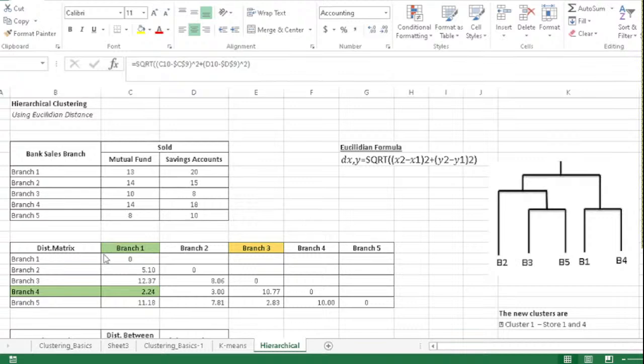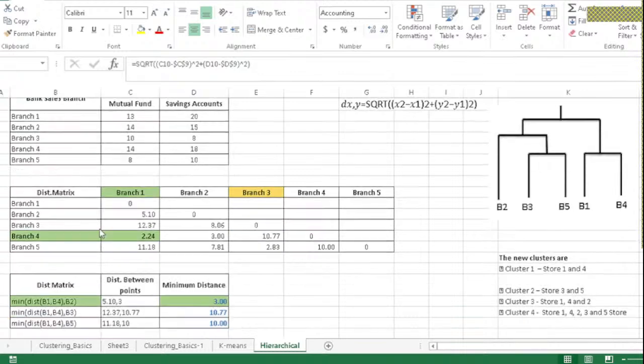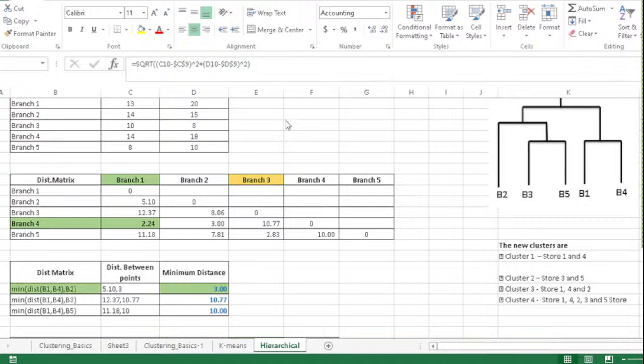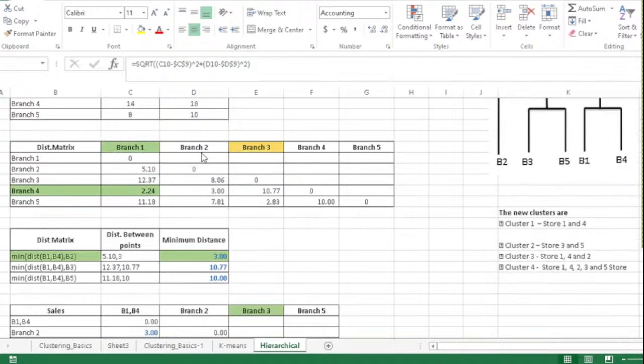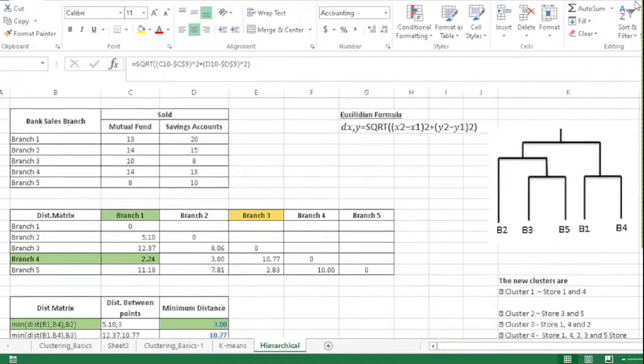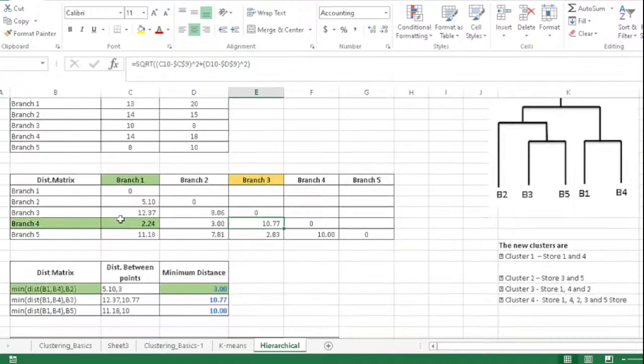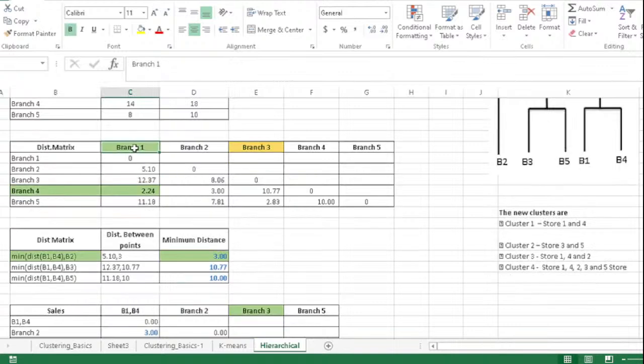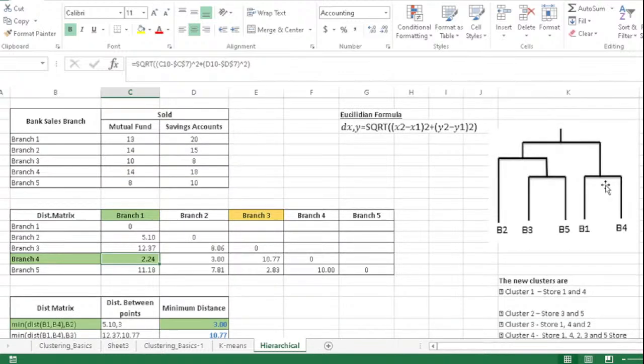So I calculate the distance matrix. Then I start my agglomerative clustering. First, I find which of these branches have the shortest distance, and I found branch 1 and 4. So here, I just club them together.